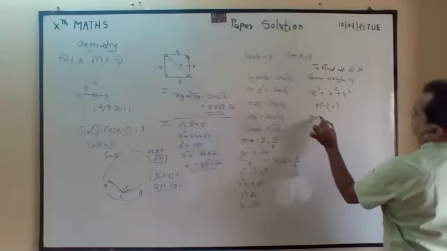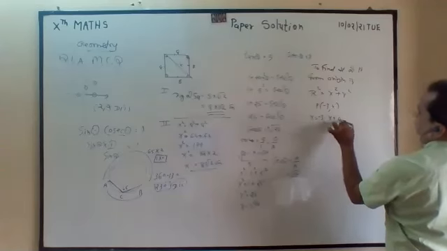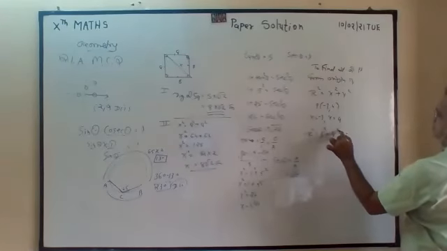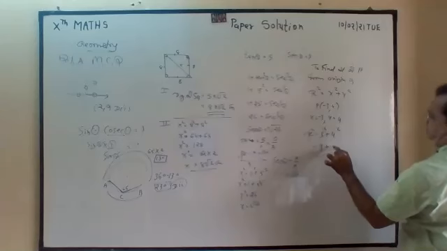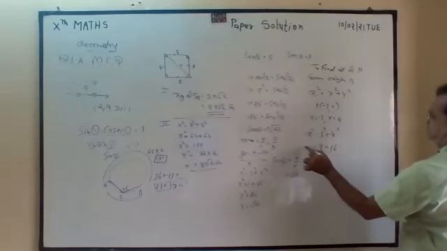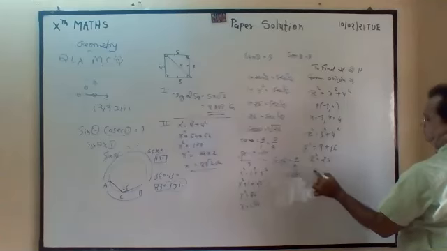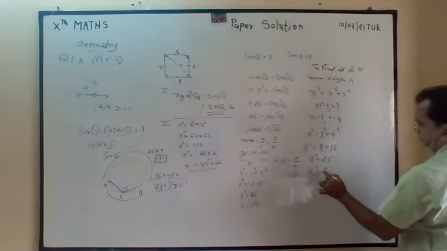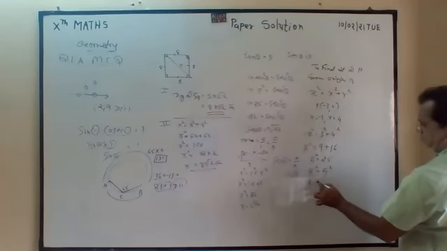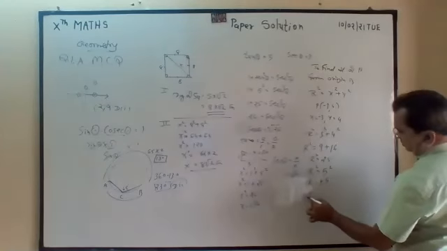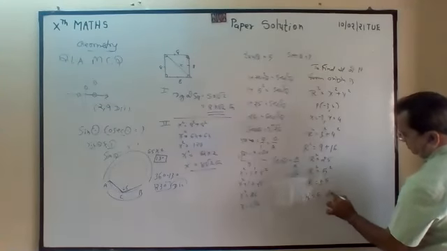So x is equal to -3, y is equal to 4. So r square is equal to 3 square plus 4 square, 3 3 is 9, 4 4 is 16. So distance is always positive.